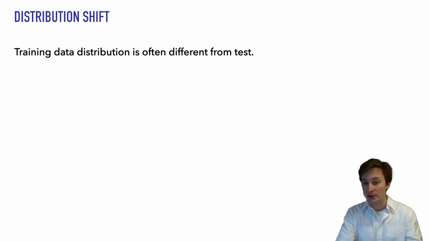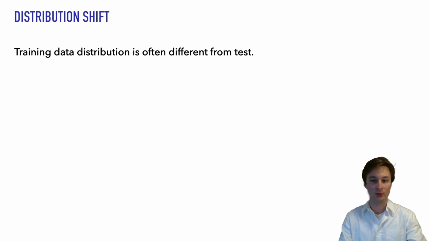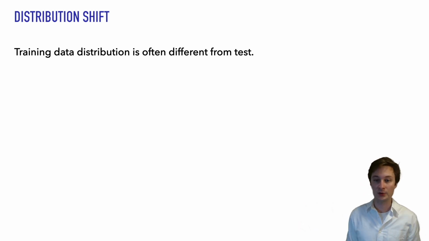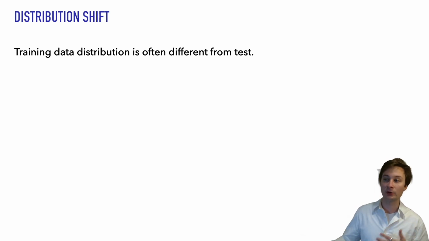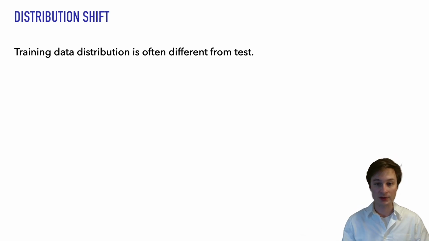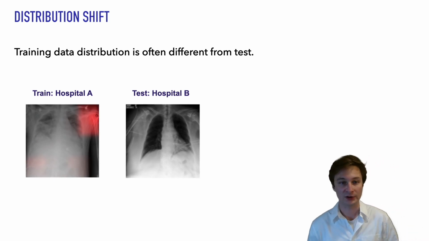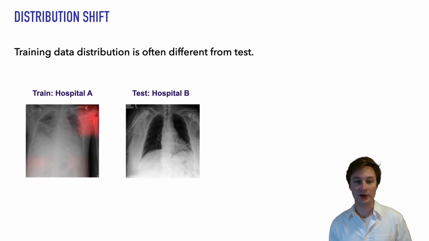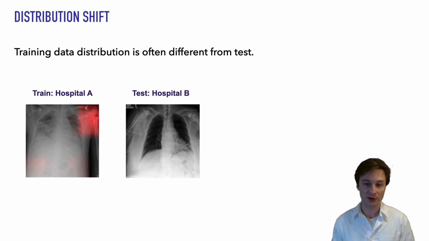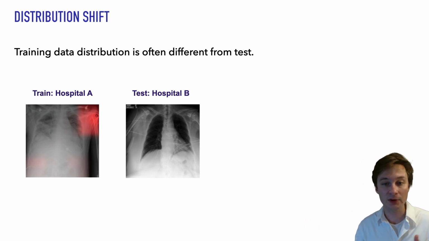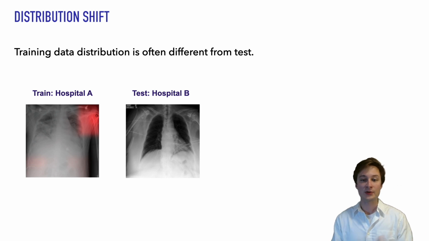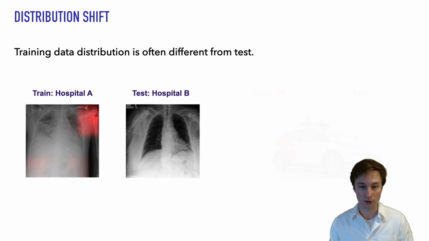So in practice, we often care about the performance of our models on a different distribution compared to the training set. So we might have some distribution of the tasks that we see during training, but then we want the model to perform well on somewhat different tasks at test time. For example, if we train a model for automated diagnosis, we might only have data from one hospital or one collection of hospitals, but we want the models to perform well outside of the distribution on new hospitals, new patients, new conditions, and so on.